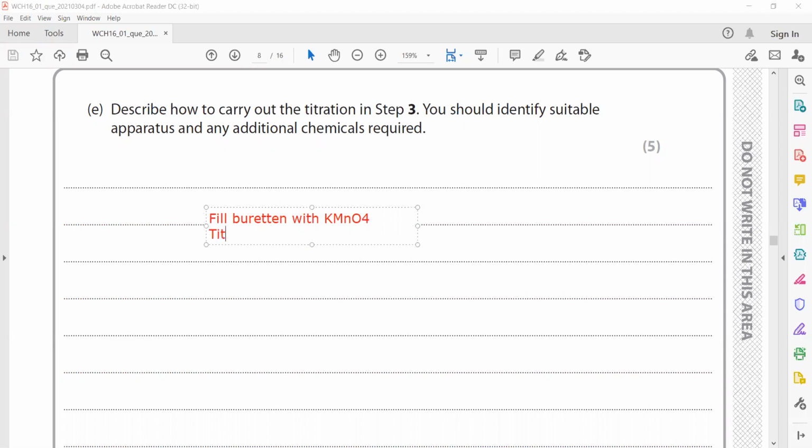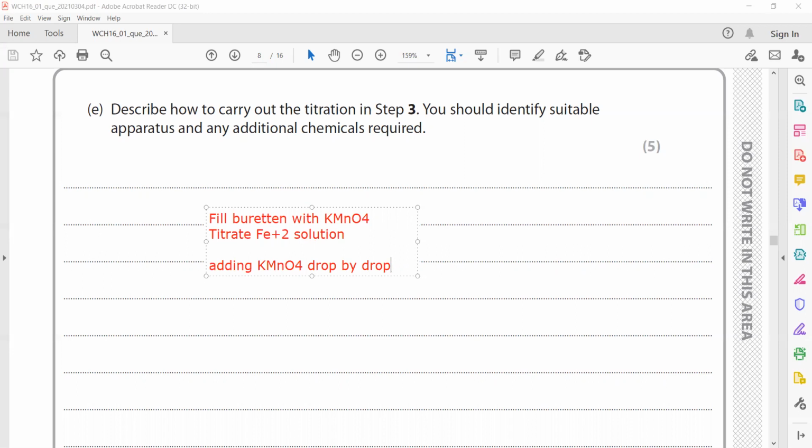and we will titrate the iron(II) solution, adding KMnO4 drop by drop, because here we don't want to repeat the experiment.